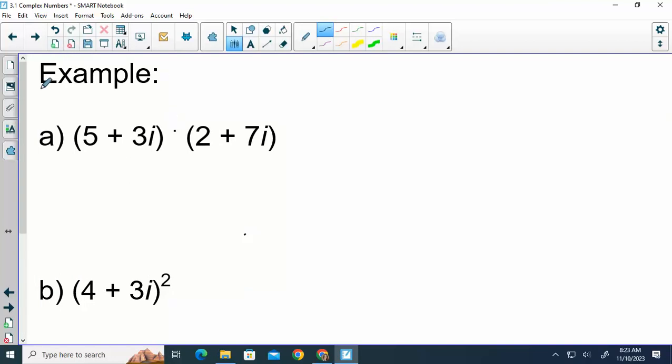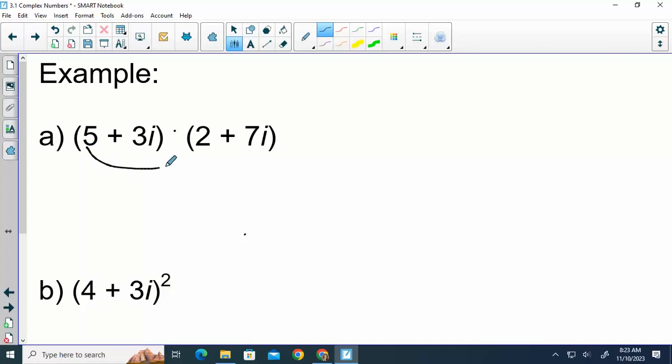What would we do on this one? We're multiplying. Okay, so just like if you were multiplying and they had x's in them, you FOIL. That's all we're doing here.